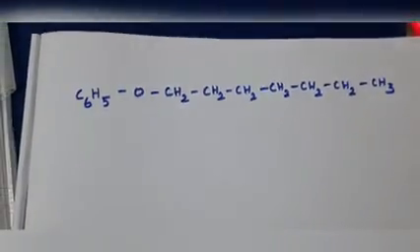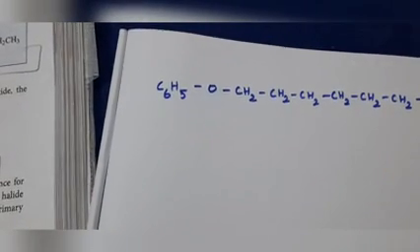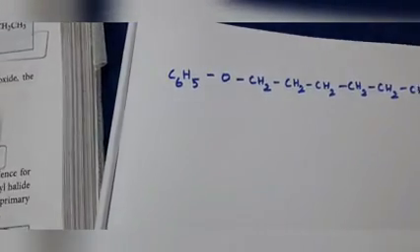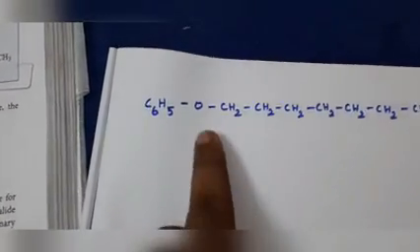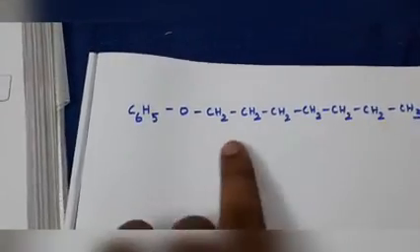Totally seven carbons. One means methyl, two ethyl, three propyl, four butyl, five pentyl, six hexyl, seven heptyl. So the name of this group is heptyl.